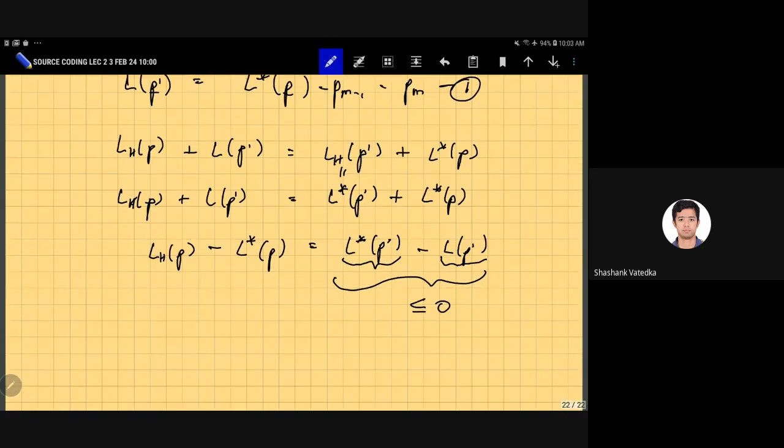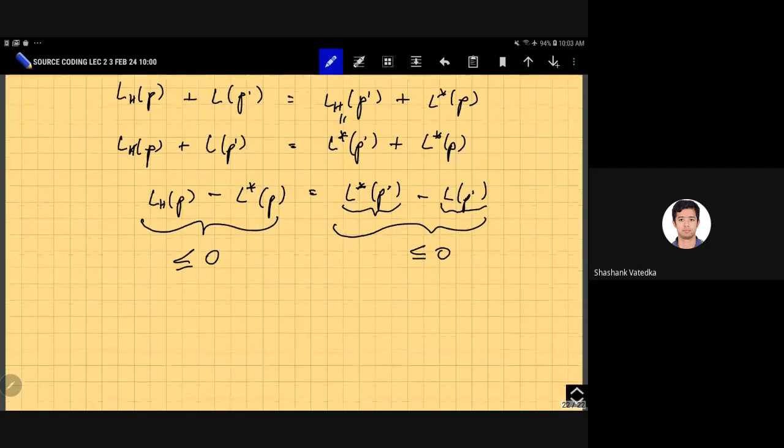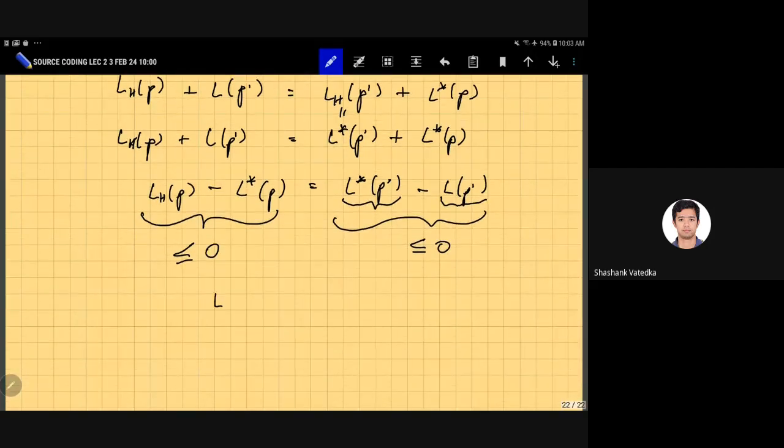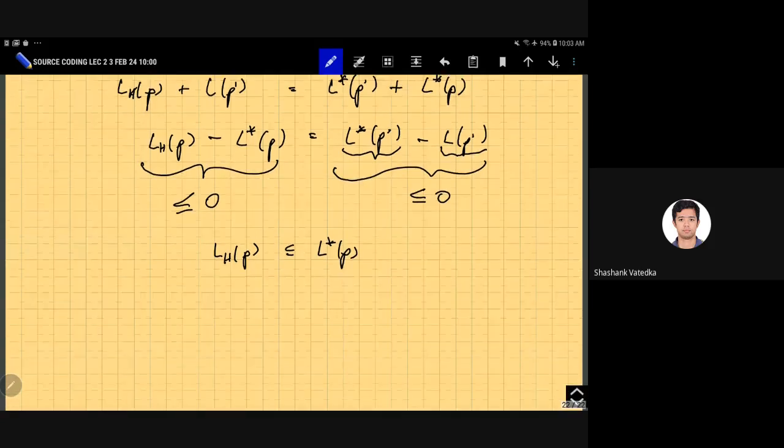This means the left hand side should also be less than or equal to 0, because L*(P') is less than or equal to L(P'). So L_H(P) is less than or equal to L*(P). But since L*(P) is the minimum expected length, the expected length for the Huffman code must be equal to the optimal, or minimum, expected length.